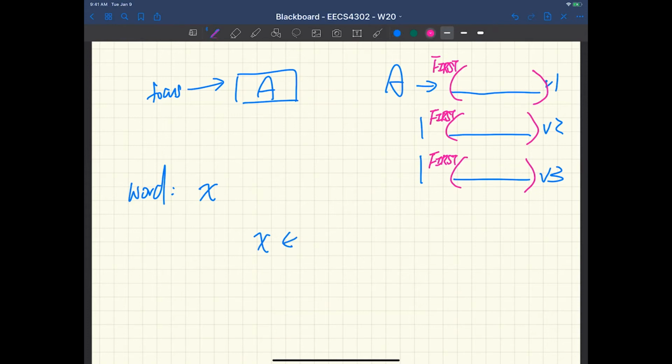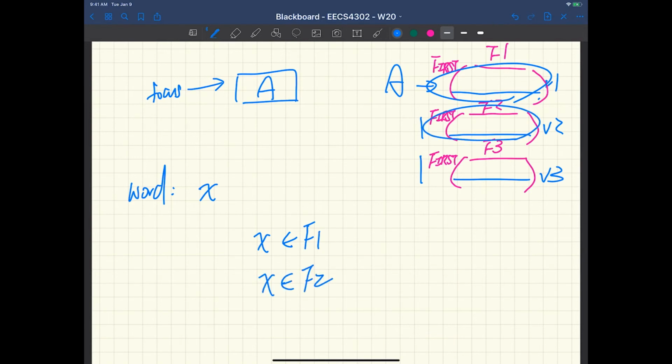Say this particular set is F1, this set is F2, this set is F3, that we compute, right? If X is a member of F1, of course I have to choose this rule. If X is a member of F2, of course I have to choose this rule. If X is a member of F3, I have to choose this rule, okay?